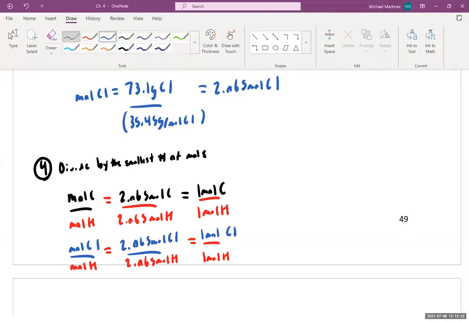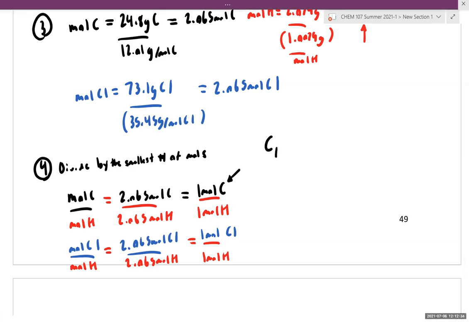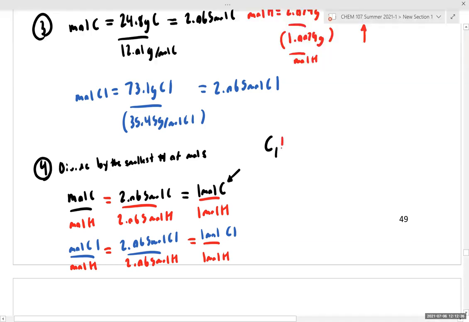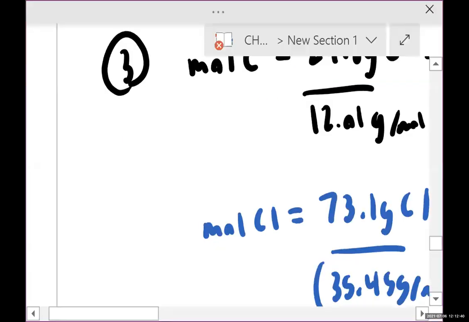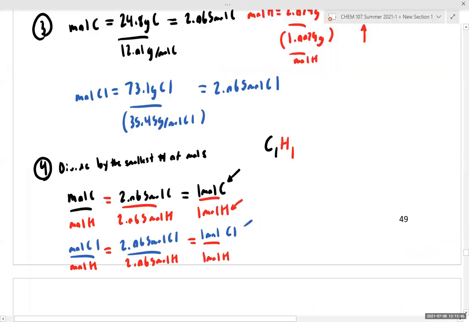So based on this ratio of elements, we can write out our empirical formula. As we see, we have 1 mole of carbon per every 1 mole of hydrogen per every 1 mole of chlorine.